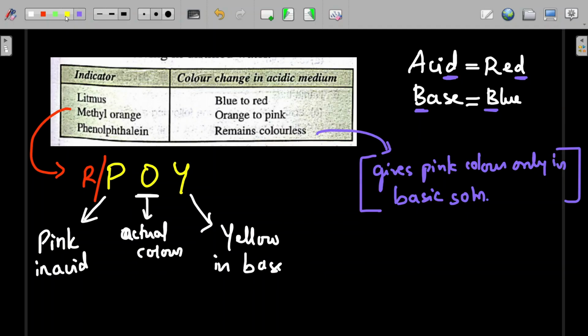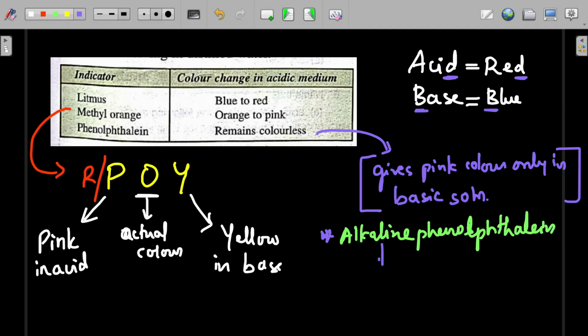Okay, they may change this a little bit and ask what happens when you take alkaline phenolphthalein. The meaning of alkaline phenolphthalein is that you took phenolphthalein and you already added some alkali. Alkali is nothing but a base.